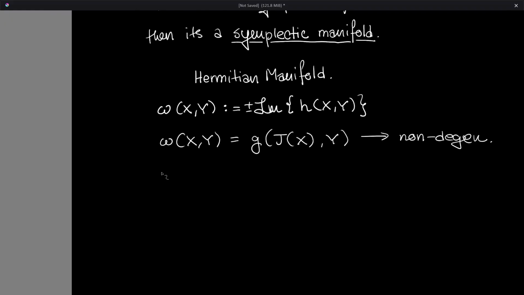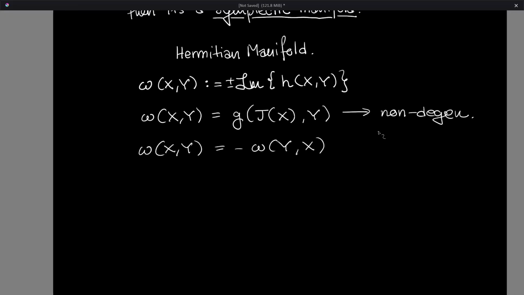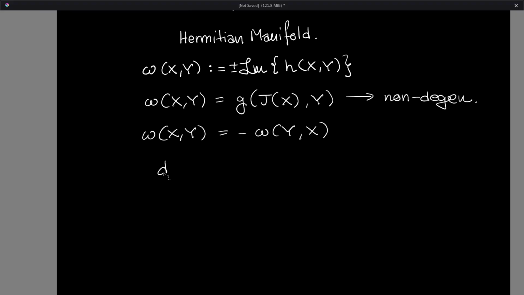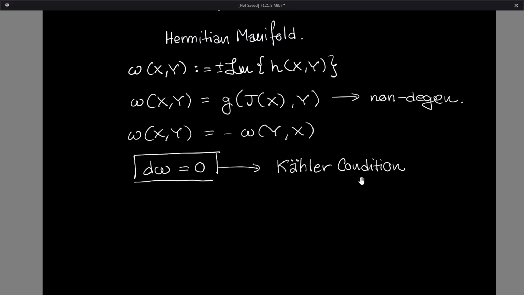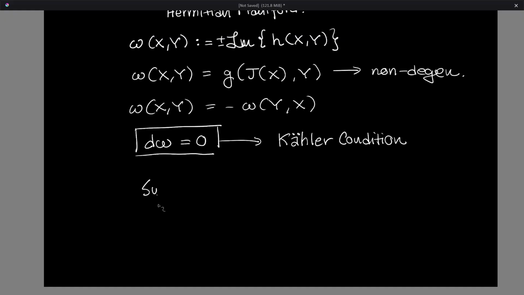And we also showed that it was antisymmetric: omega(X,Y) is equal to minus omega(Y,X). So the only thing left for omega to be a symplectic form is for d omega to be equal to 0. And this is exactly the Kähler condition, or a Kähler condition, as we'll get to in a little bit. This is called the Kähler condition. If we impose this condition, then the Hermitian manifold gains a third structure. It gains the symplectic structure.